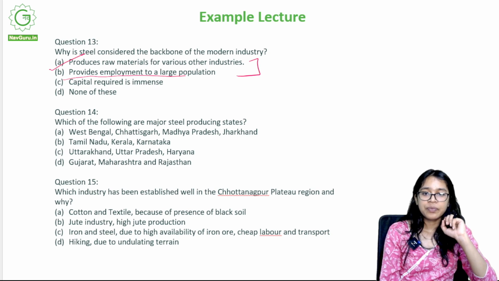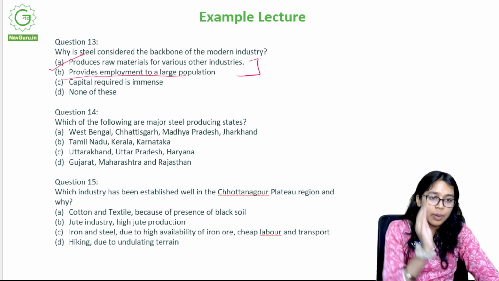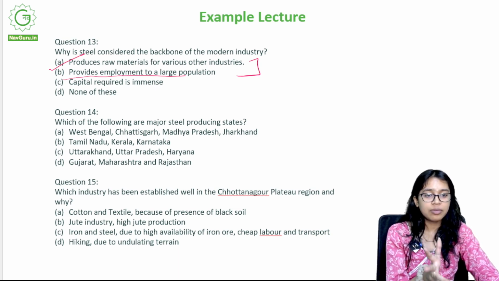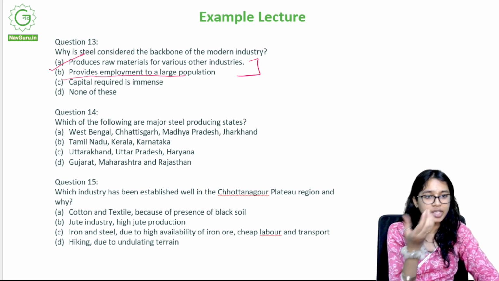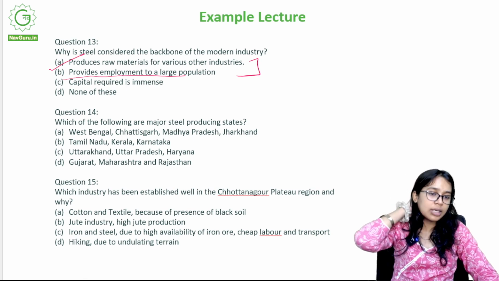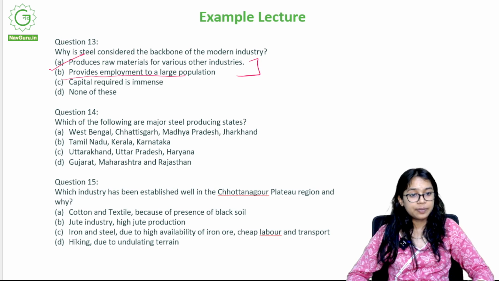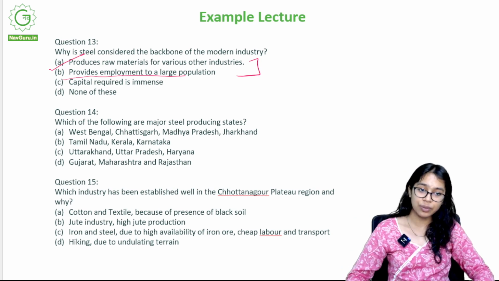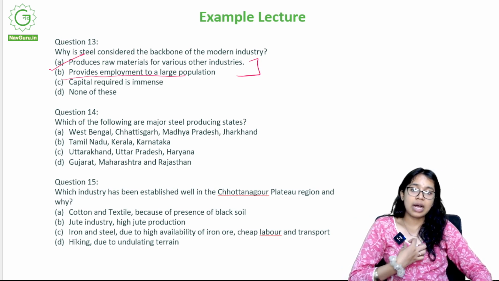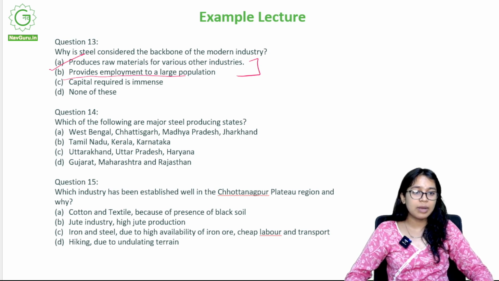Question number 14. Which of the following are major steel producing states? Now, as I mentioned before, how is steel formed? Through iron ore, by treating iron ore through various kinds of methods. So where is iron ore found? Iron ore is found in the peninsular plateau region. And which of these states is somewhere around the peninsular plateau? Let's see.